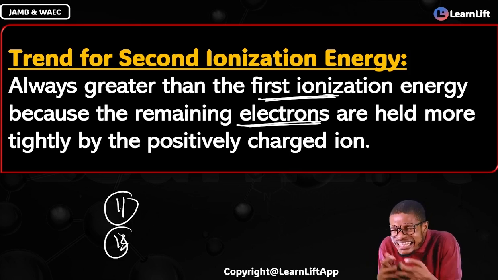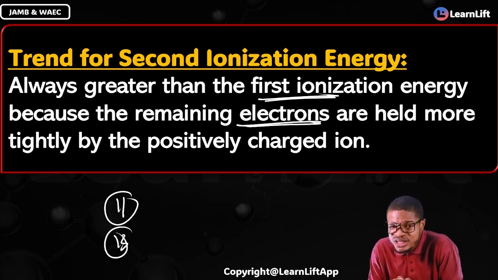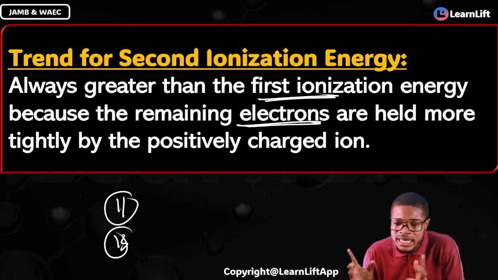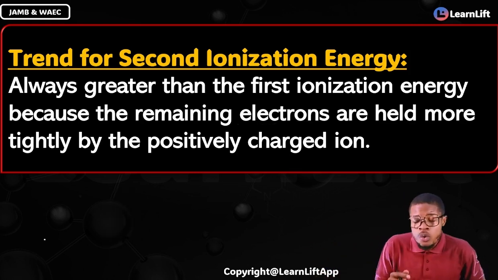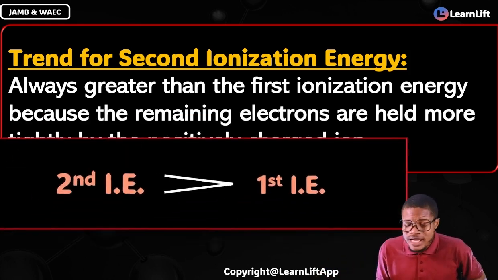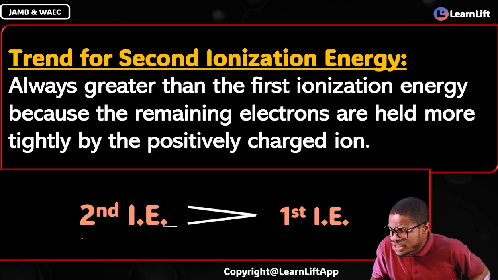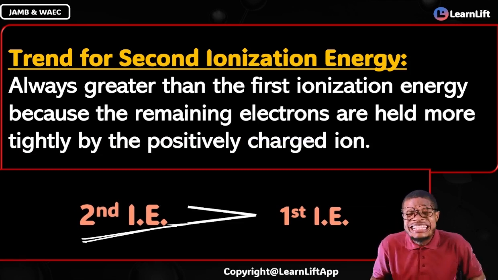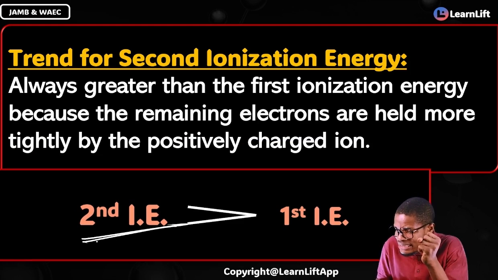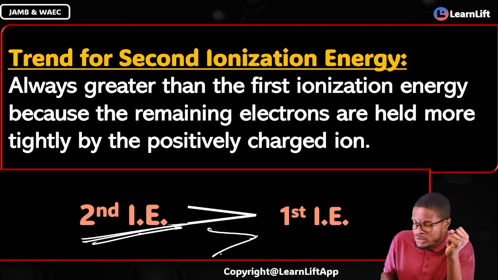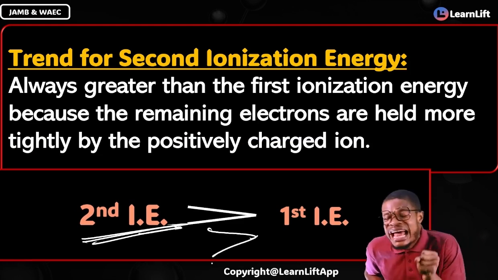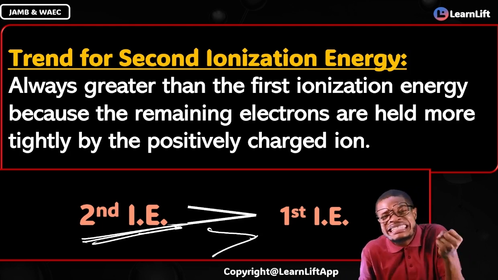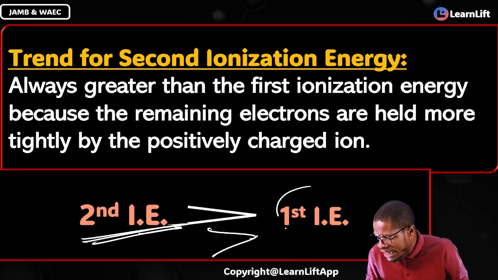They are held tightly, so you need greater energy for them to lose any electron. Does it make sense? The second ionization energy is greater. You can see the greater than symbol there, right? Beautiful. Second ionization energy is greater than your first ionization energy.